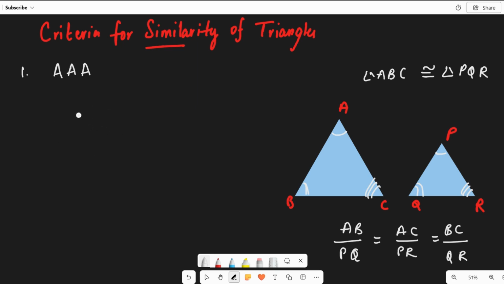This theorem is also referred to as the AA criterion, because if two angles of a triangle are equal, then for obvious reasons the third angle will also be equal using the angle sum property of the triangle.